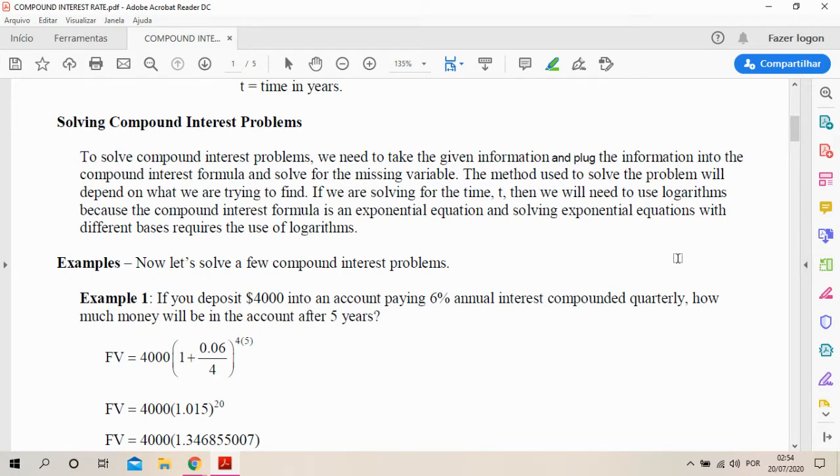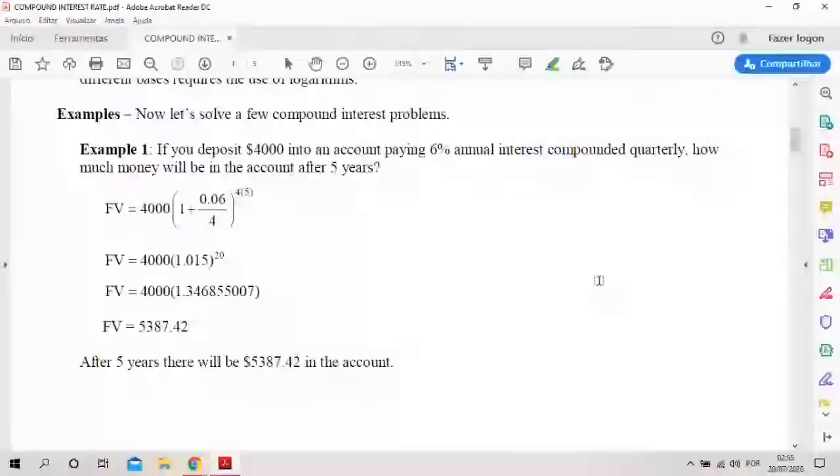If we are solving for the time t, then we will need to use logarithms because the compound interest formula is an exponential equation, and solving exponential equations will, with different bases, require the use of logarithms. Now let's see an example.